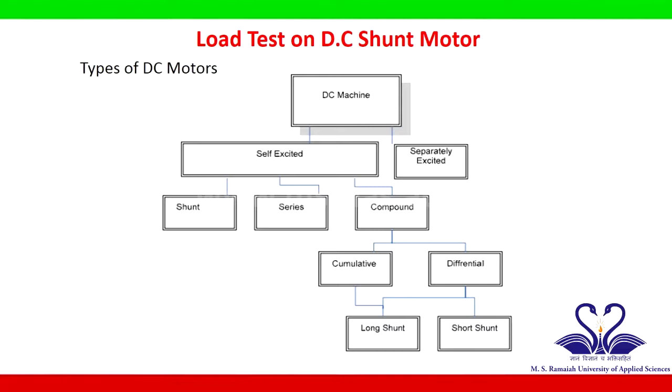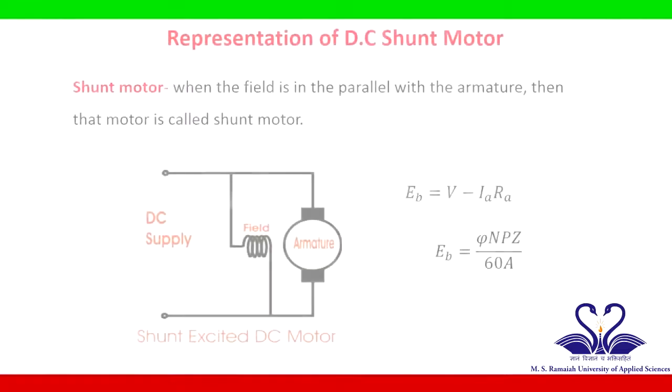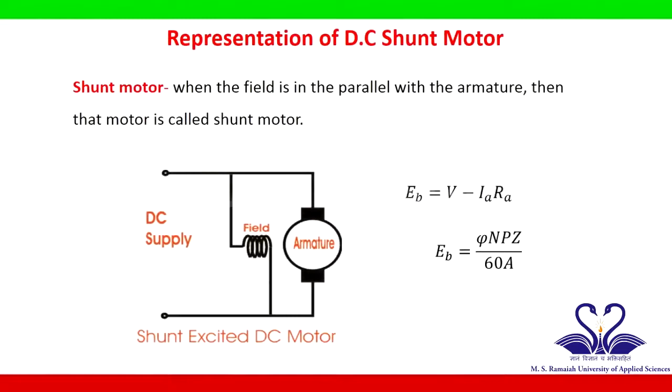Short shunt compound machine, in which shunt field is connected in parallel with the armature by excluding the series field winding. This experiment is mainly concentrated to plot the characteristics of DC shunt motor.